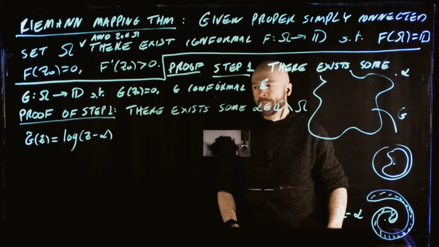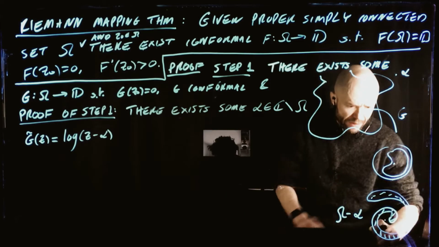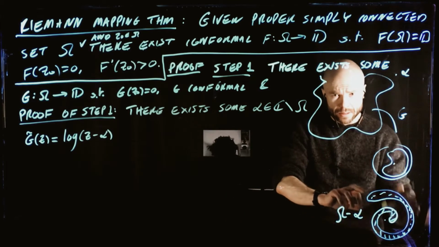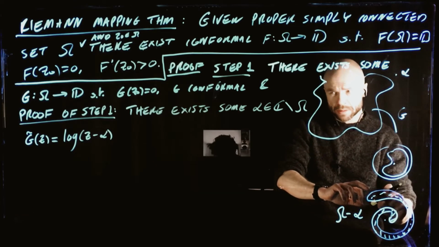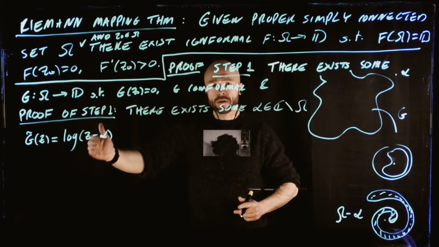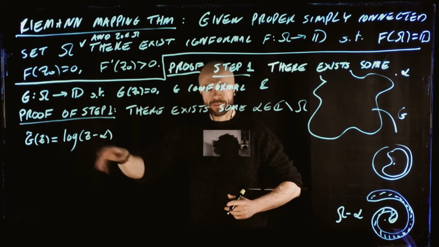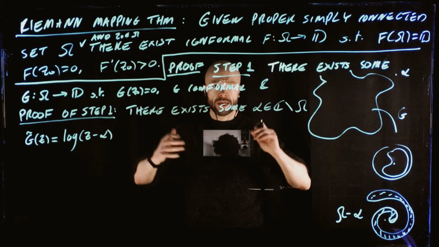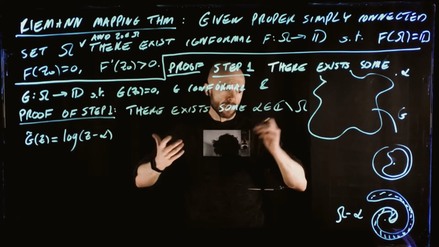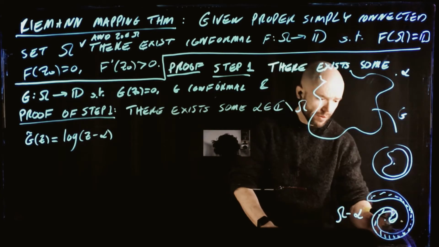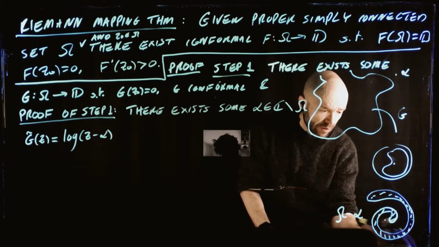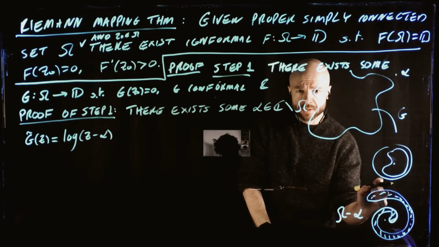And as you guys remember from complex analysis, once we have a simply connected set that doesn't contain the origin, then we can actually define a log on this in an analytic way. It'll be smooth, it'll be differentiable everywhere, it'll have all the nice properties. Because what's required to define this log is simply to define an angle function that goes around like this in a consistent way.